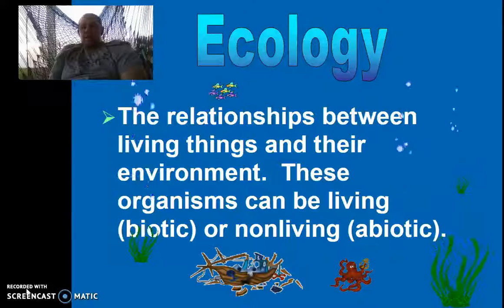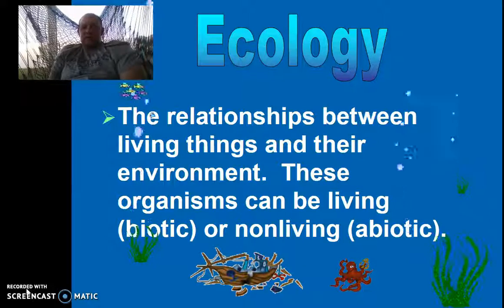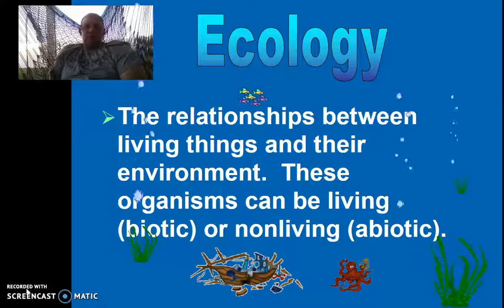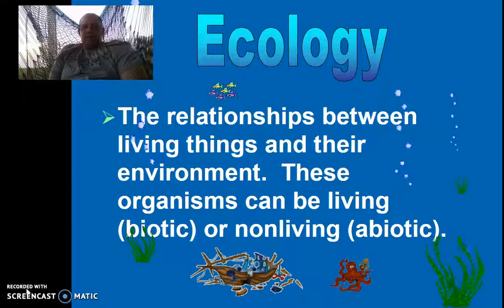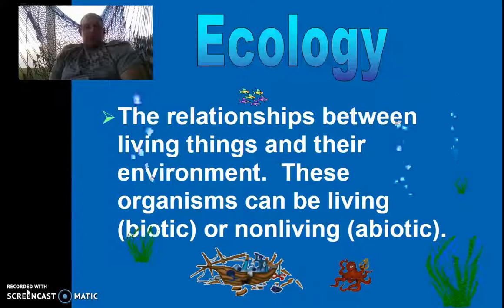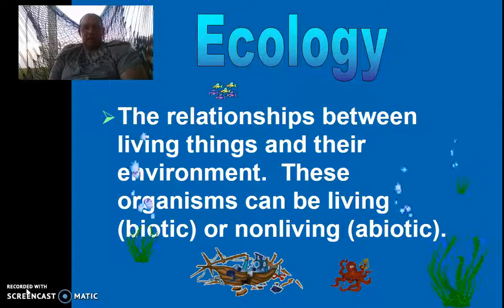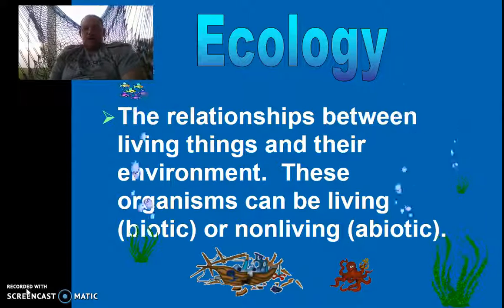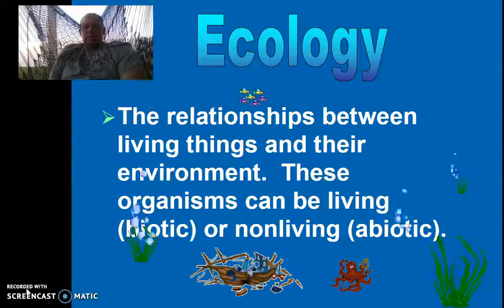Non-living things would be the simple stuff like rocks, but some of the biggest factors would be water and temperature, all these things that affect the way different living organisms have to come up with strategies in order to survive. Those are going to be the abiotics.